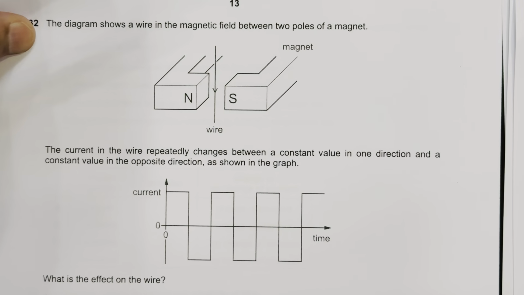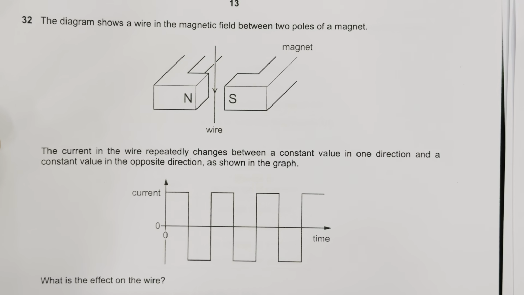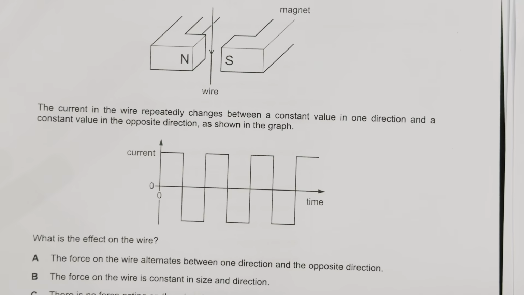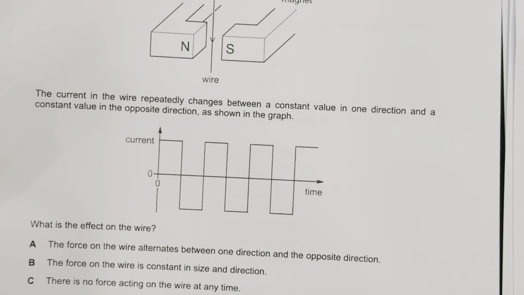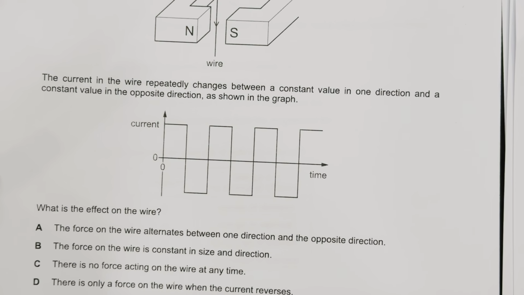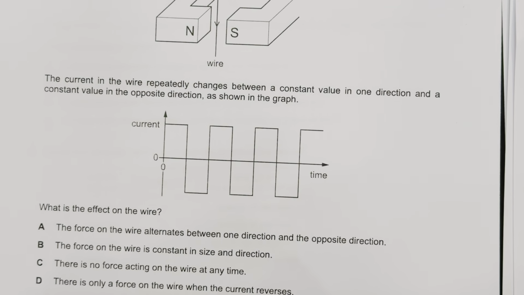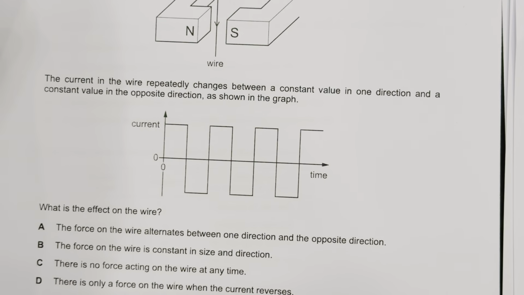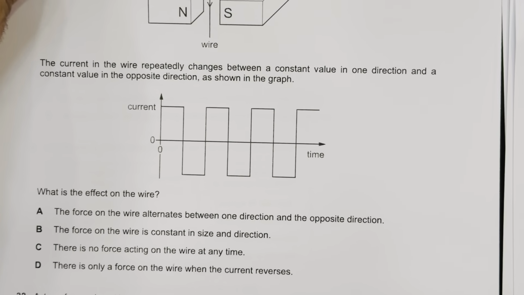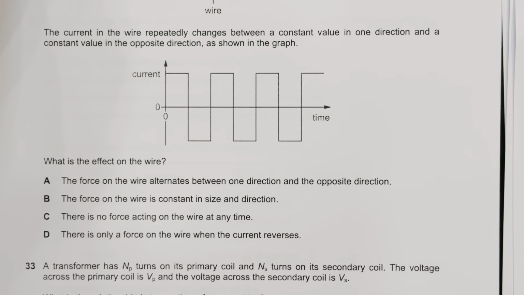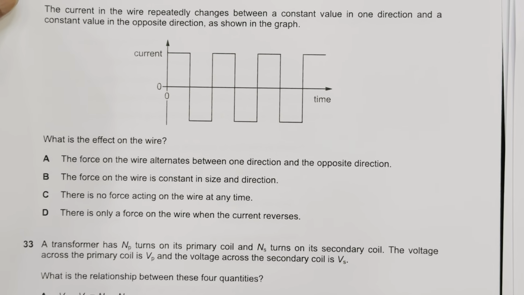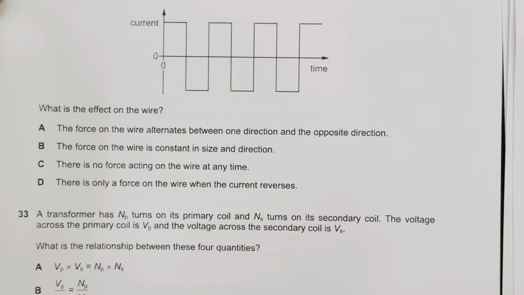The diagram shows a wire in the magnetic field between the two poles of a magnet, north and south. Over here we have to use Fleming's left hand rule. The current in the wire repeatedly changes between a constant value in one direction and a constant value in the opposite direction, as shown in the graph.